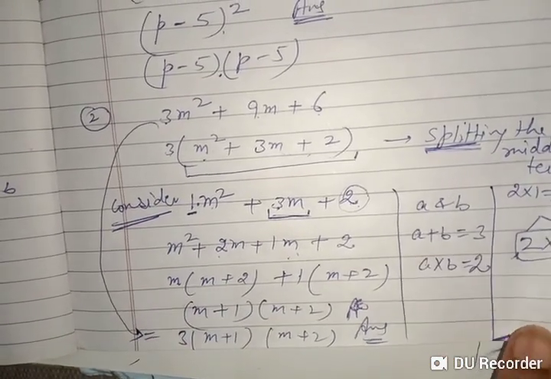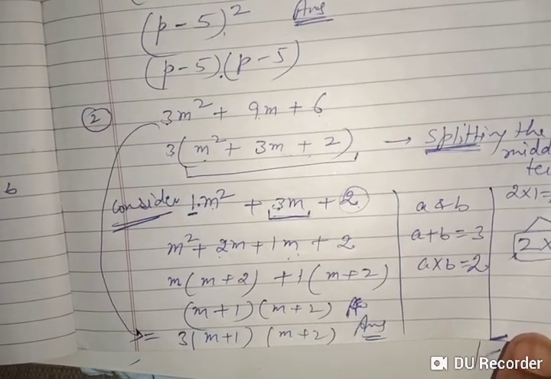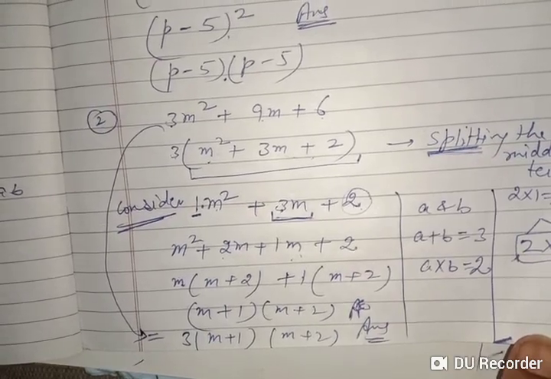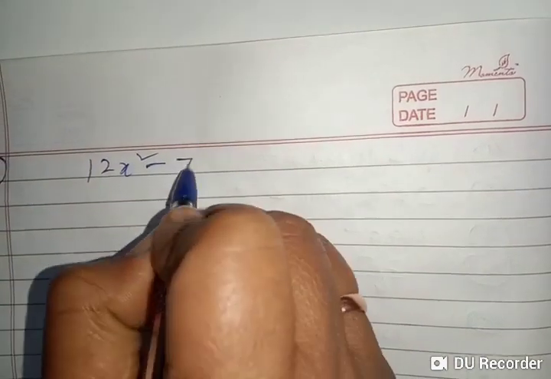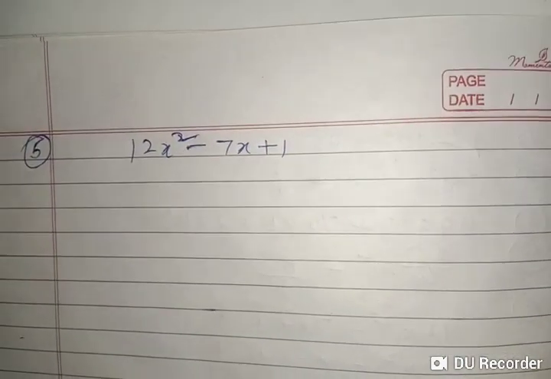One more example of splitting I am taking so that the concept will be very clear to you. It's the fifth part: 12x square minus 7x plus 1. Again, observe it very carefully.